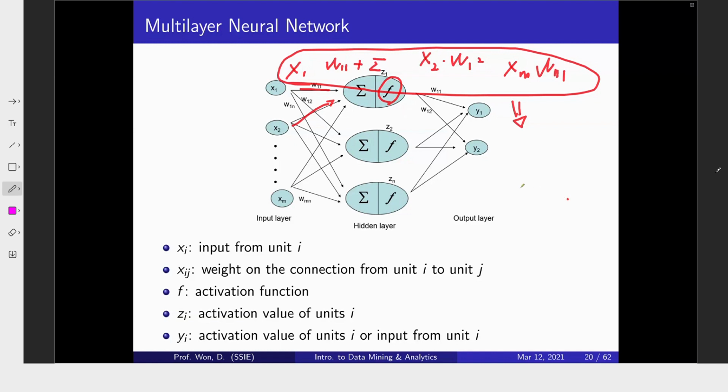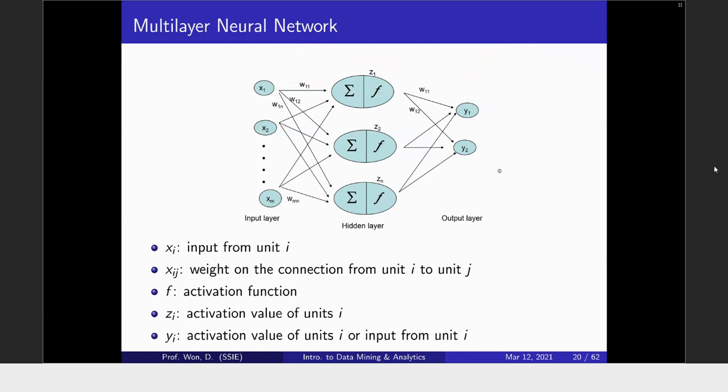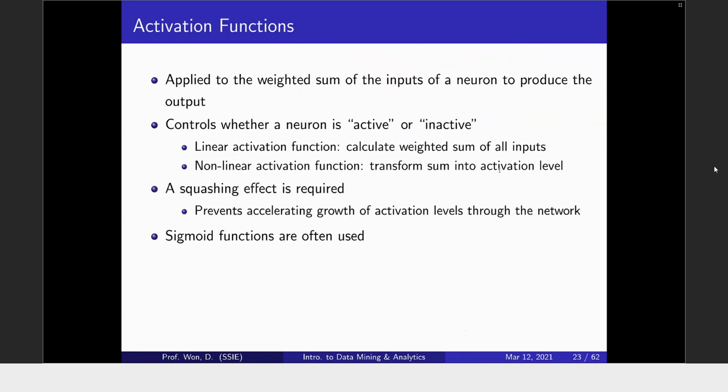Or if you want to make the problem more complicated, instead of a linear sum, maybe we can think about a nonlinear sum. For example, x1 multiplied by w11 squared plus something, right? Then there are nonlinear activation functions. Also, a squashing effect more formally prevents accelerating growth of the activation level through the network, which means if our network has too many neurons, then the summation value is going to be too large compared to the scale.